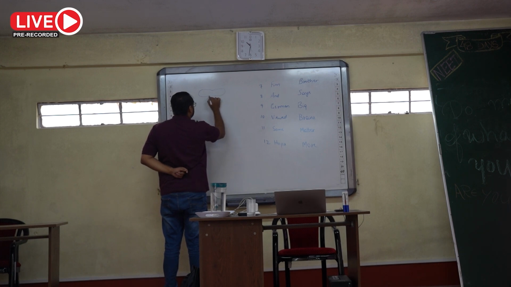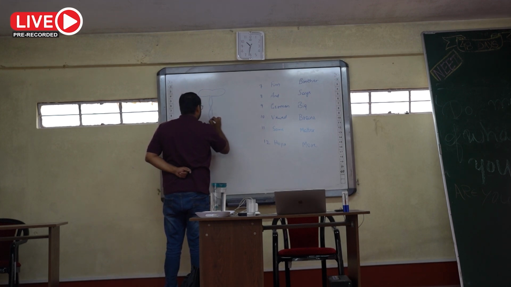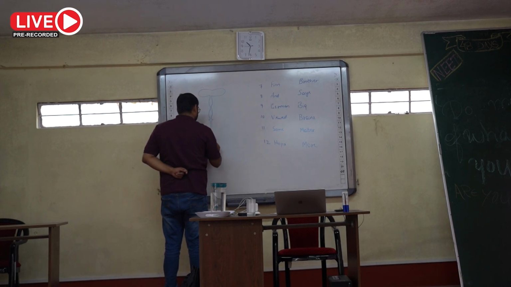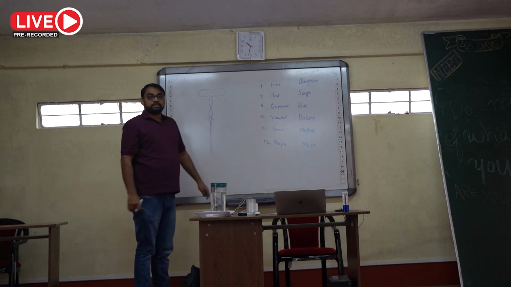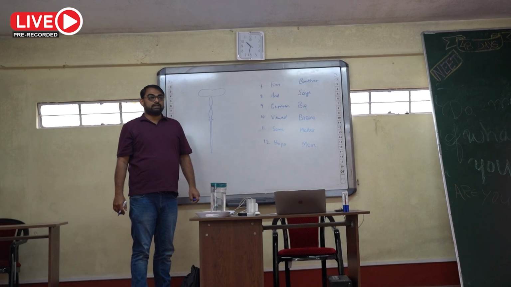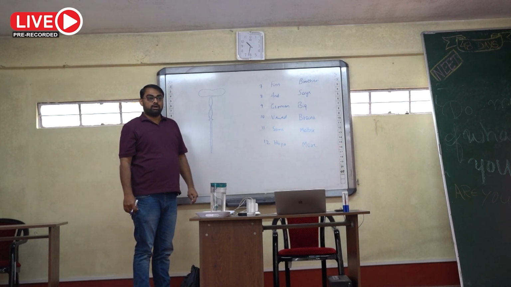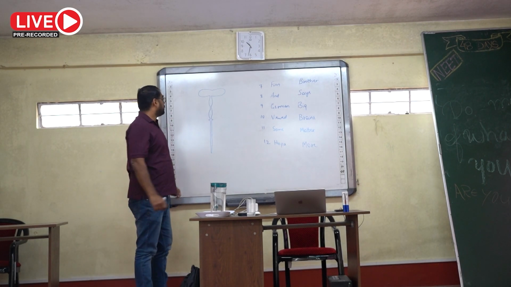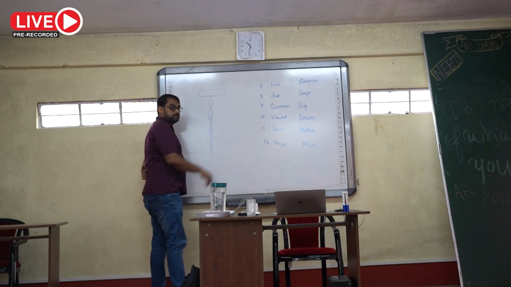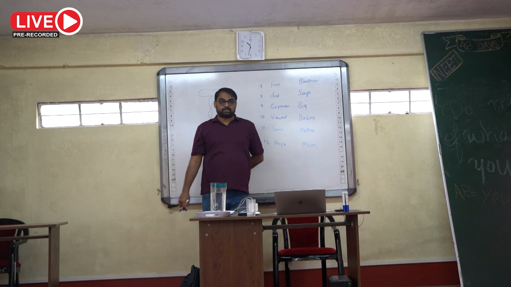Lateral ventricles, third ventricle, fourth ventricle. This is the ventricular system. What is the ventricular system for? For the brain and spinal cord. So what do you have inside this? You have the choroid plexus.